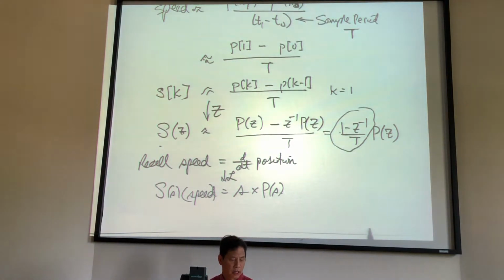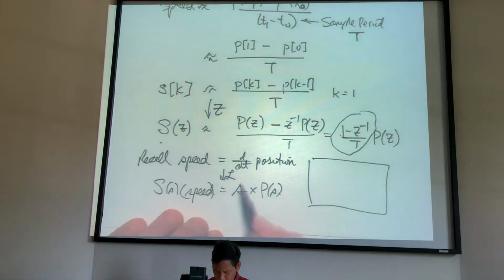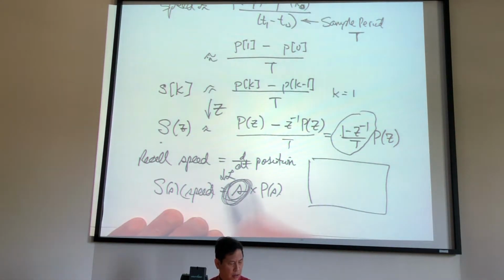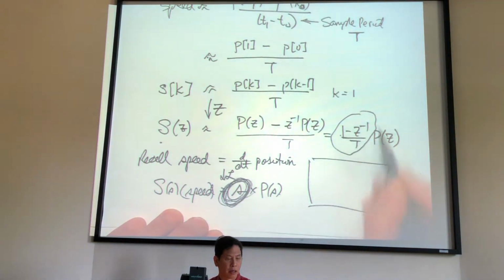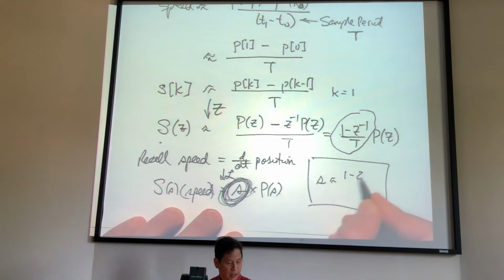So I stare at all this, and then I come to this conclusion that I'm going to say that the s operator in Laplace is similar to this operator in z. So I'm going to say differentiation is approximately present value minus last value divided by time. Okay.